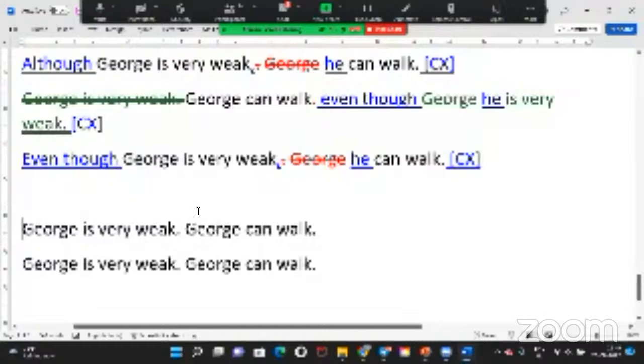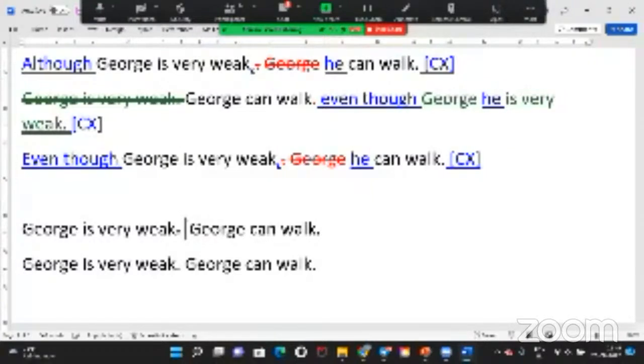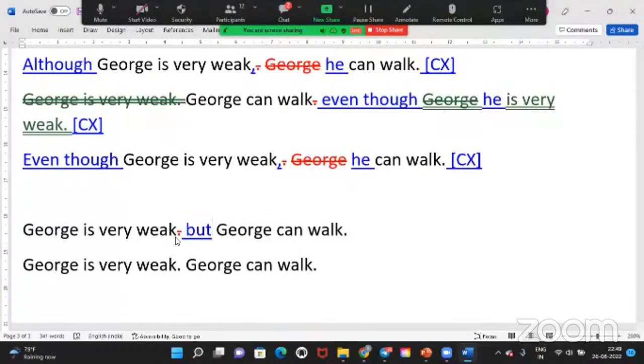So this is a compound sentence. Here, in a compound sentence, you cannot vary it in two ways, only one, because the connector will come only in the middle. You cannot change it because they are coordinating clauses, not subordinate. George is very weak. Remove the full stop. But, he can walk.